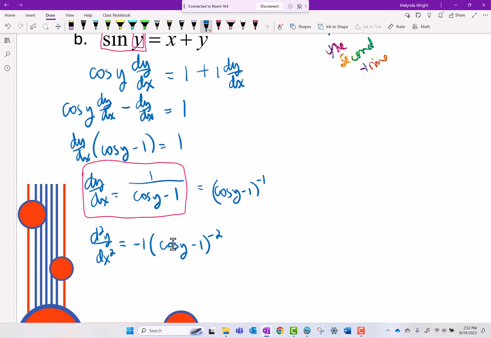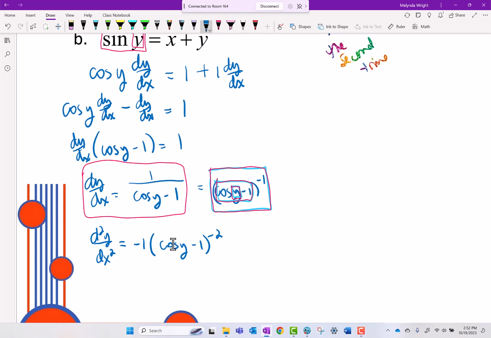Then what do? I did the outside, so we can, if we'd like to, I can put this. So this is the outside, right? We did that derivative. Then I've got this one. And then I have this one. Right? I've got 3. And maybe that's hard to see. So I have the outside one, which is to the negative 1. I've got cosine of y minus 1, and then I've got this.